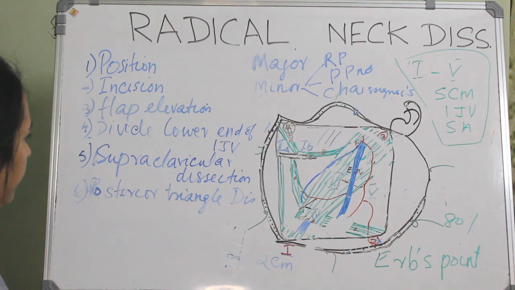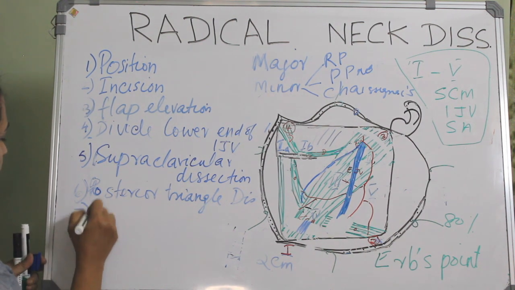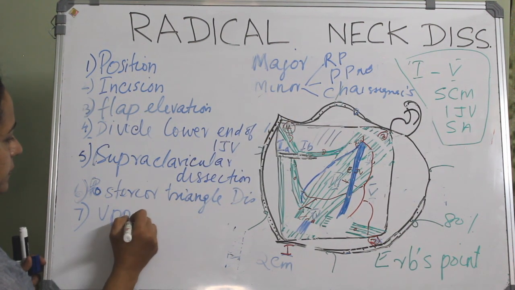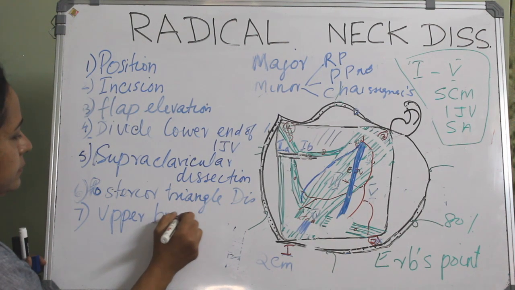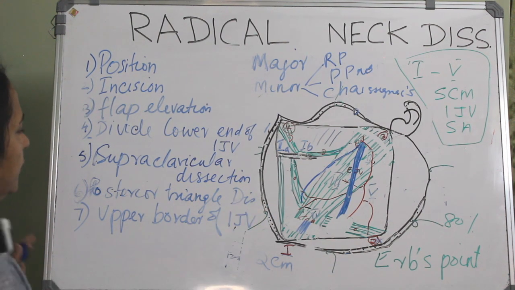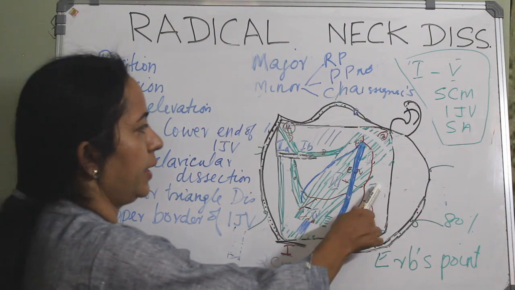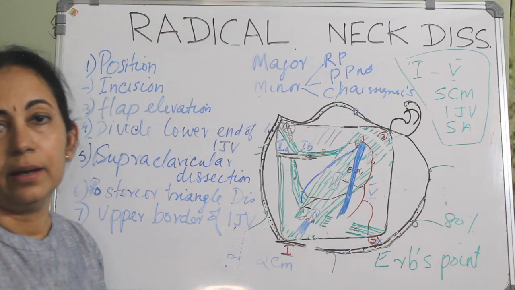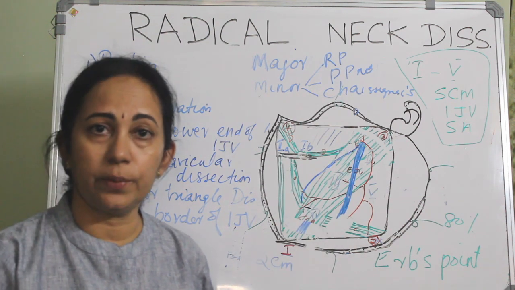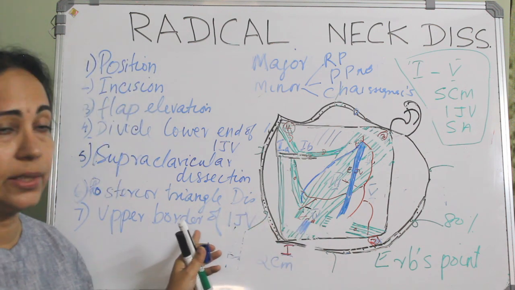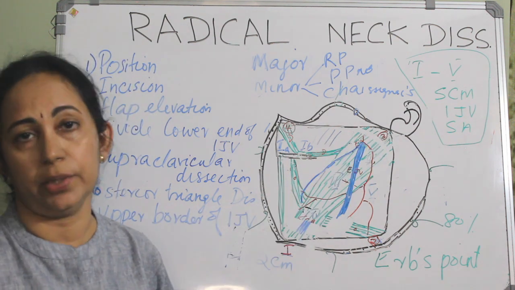So next is dividing the upper border of IJV. After completing the posterior triangle, divide the upper end of sternocleidomastoid and then ligate and divide the upper end of the internal jugular vein.